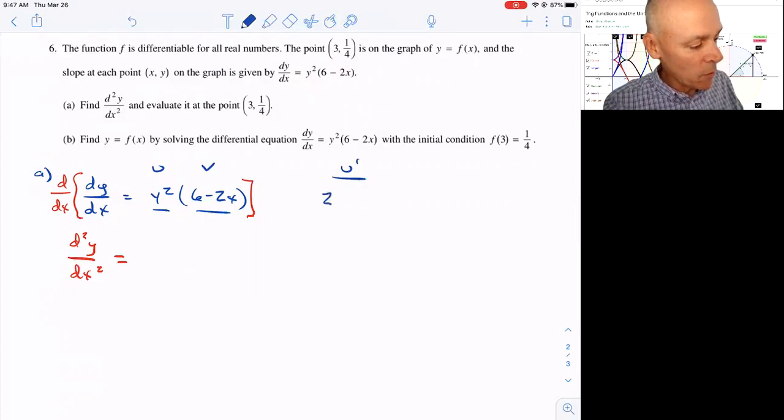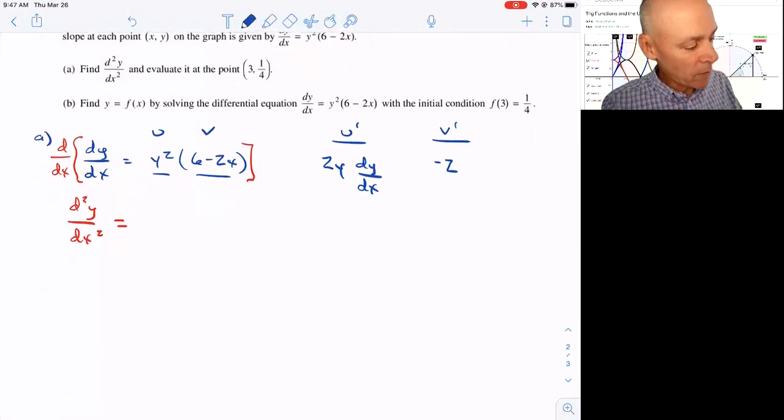u prime is going to be 2y dy/dx. I hope you remember why we had to add the dy/dx there. And then for v prime, that's just going to be -2.